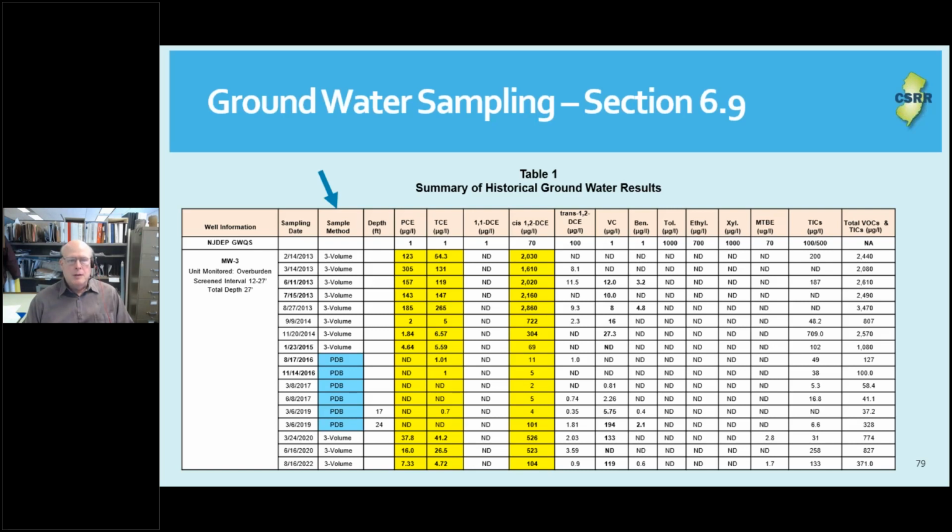Based on observations like that shown on this table, DEP is now recommending that tables of groundwater sampling results key the sampling results to the method of sample collection. Where possible, tables of historic groundwater sampling results should be modified to list the method of sample collection. Next slide, please.